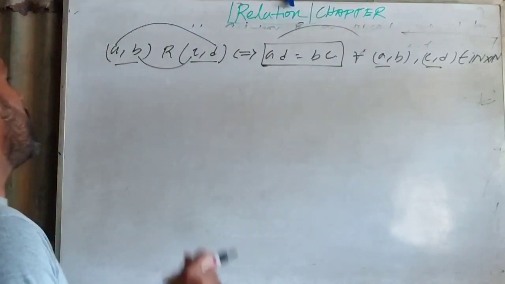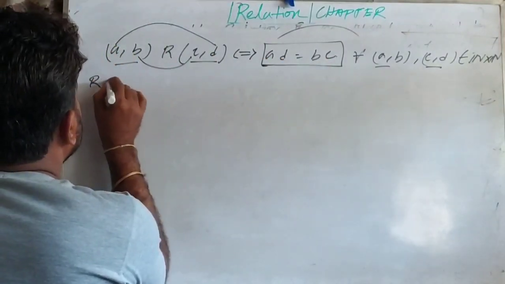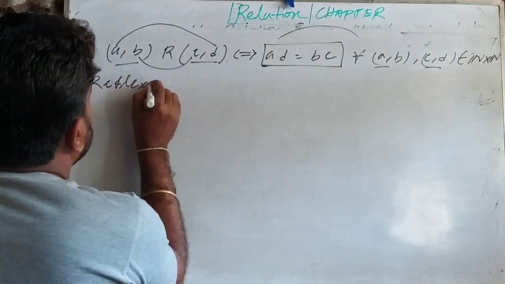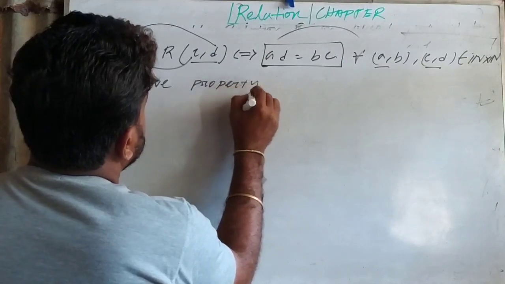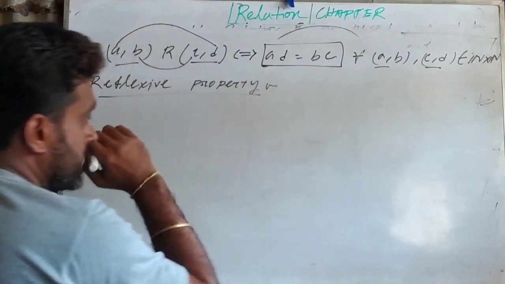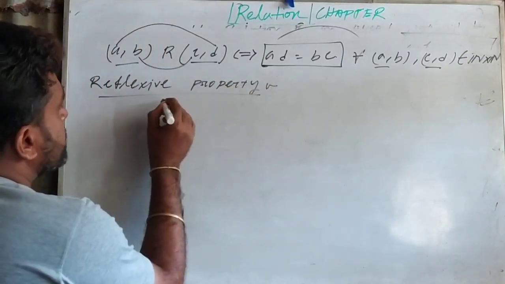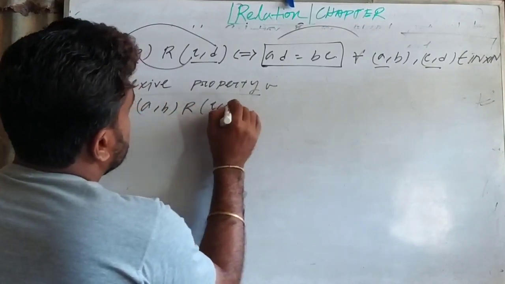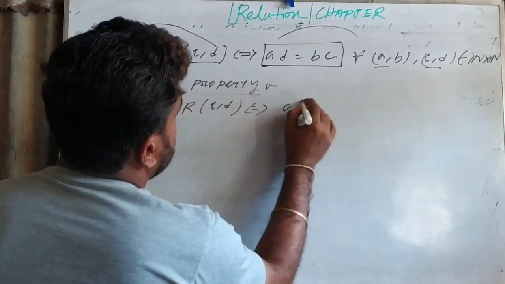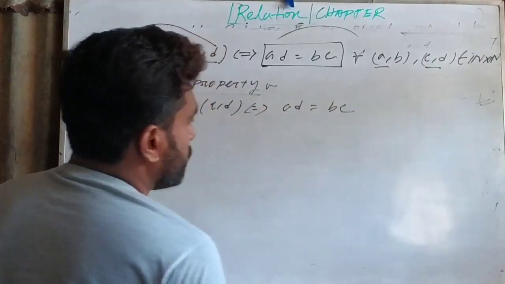Now at first, the reflexive property. For this reflexive property, this same line has to be written: AD equals BC.